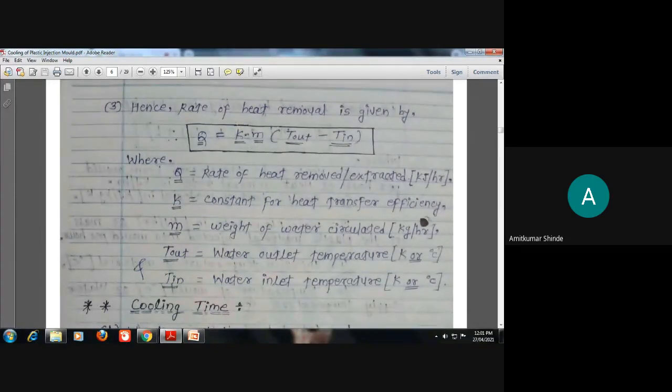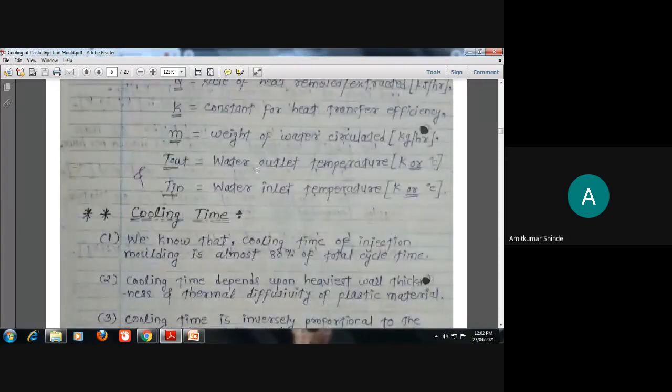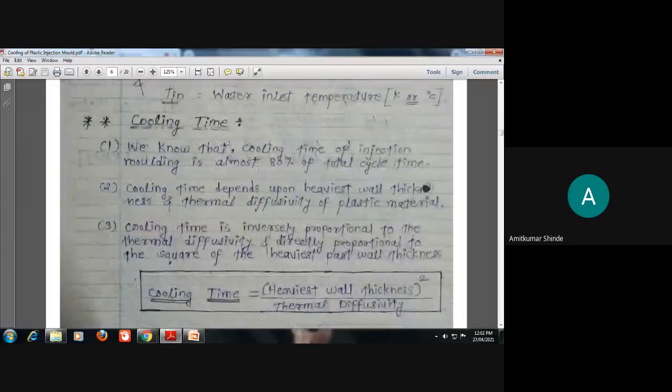K is the constant for heat transfer efficiency, m is the weight of water circulated, T out is the outlet temperature of water, and T in is the inlet temperature of the water. Q is the amount of heat removed, which you can calculate by using the previous formula, rate of heat extracted. With the help of these two equations, you can calculate the weight of water required to be circulated to get the desired cooling effect.